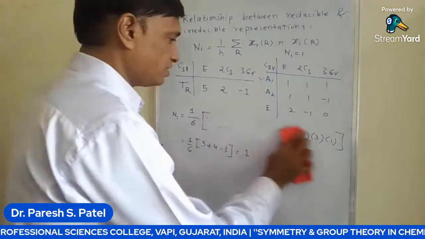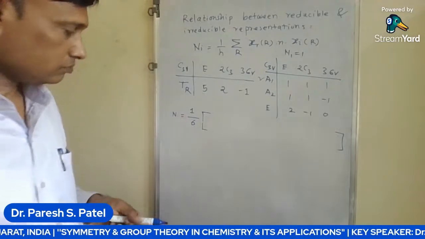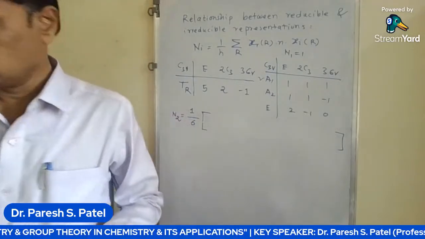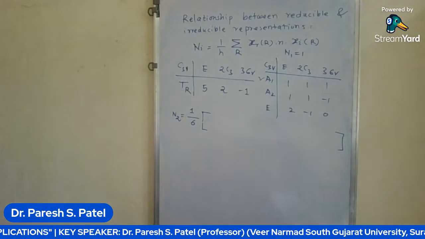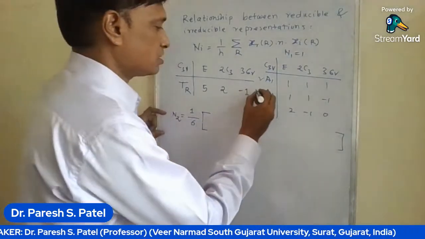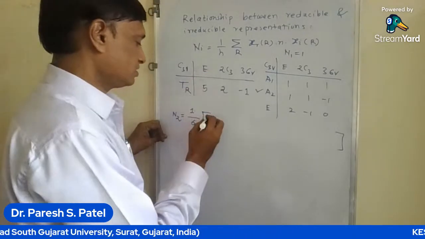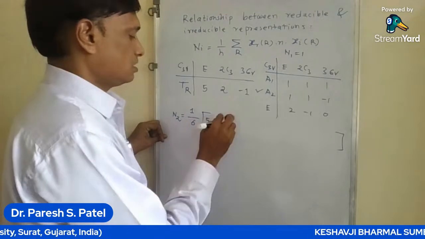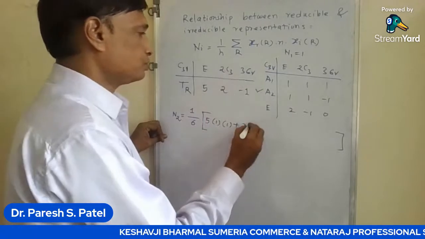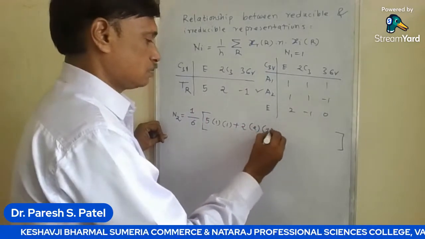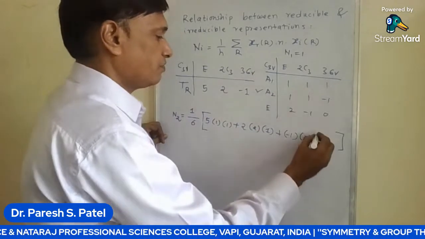Now similarly for n2, which corresponds to the A2 irreducible representation: 1 by 6, 5 for the reducible character, 1 and again 1, plus 2, 2, 1, plus minus 1, 3, and 1.